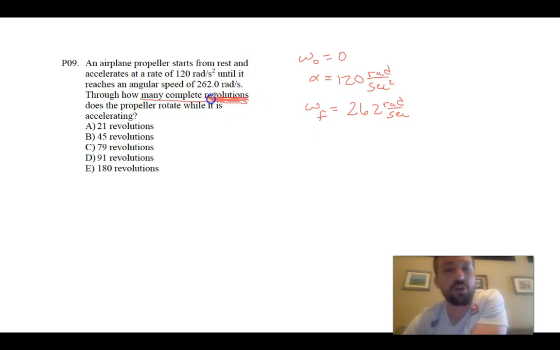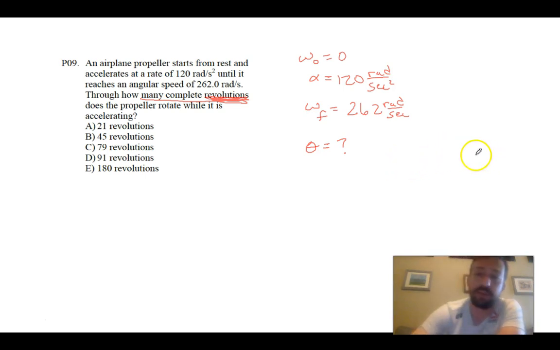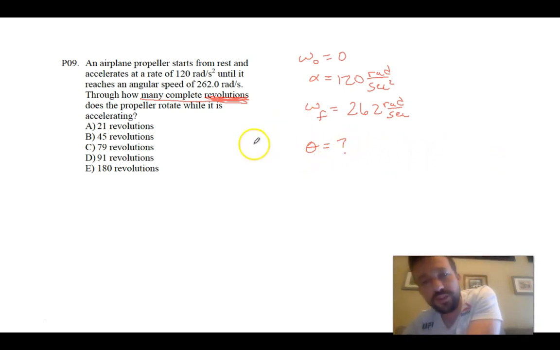To get revolutions, I'm first going to see how many radians it covered. If I can figure out how many radians it covered, I can just divide it by 2 pi and it'll tell me how many revolutions happened. So looks like the stuff we have, I want to use this one, I think. That's the third formula, right?